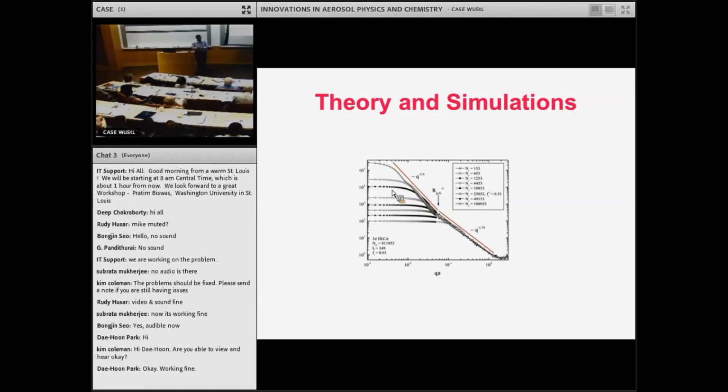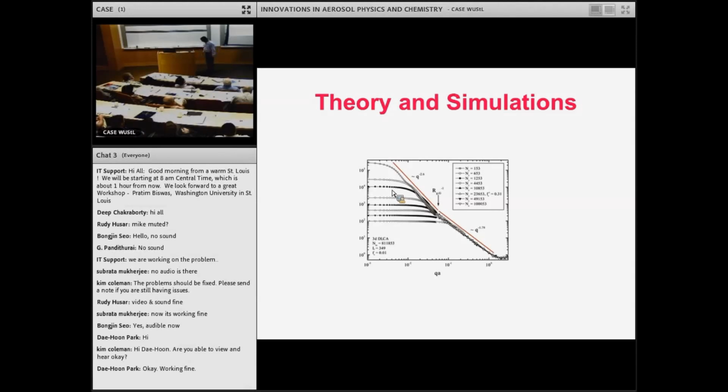And we ran very large systems, a very, very sophisticated and efficient program. So at that point we were running with about 800,000 particles. And we found a similar trend, that there is a crossover from a fractal dimension of 2.6 to a fractal dimension of 1.8. And this crossover happens at some point we call the radius of gyration of ideal gel point.